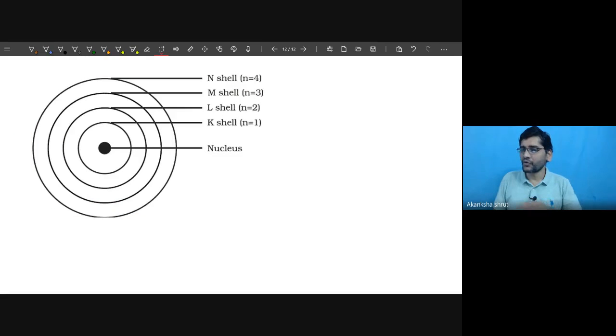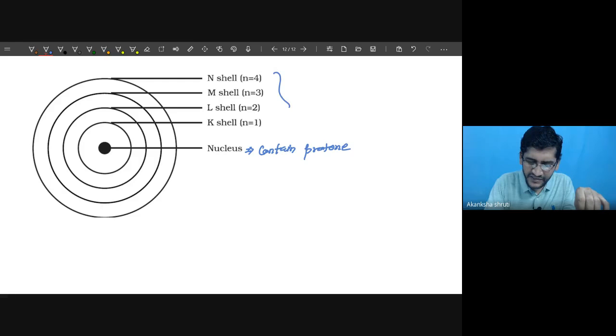So this is our Bohr model, where the nucleus will contain nuclear material like protons. So protons will be present here. These are fixed shells.